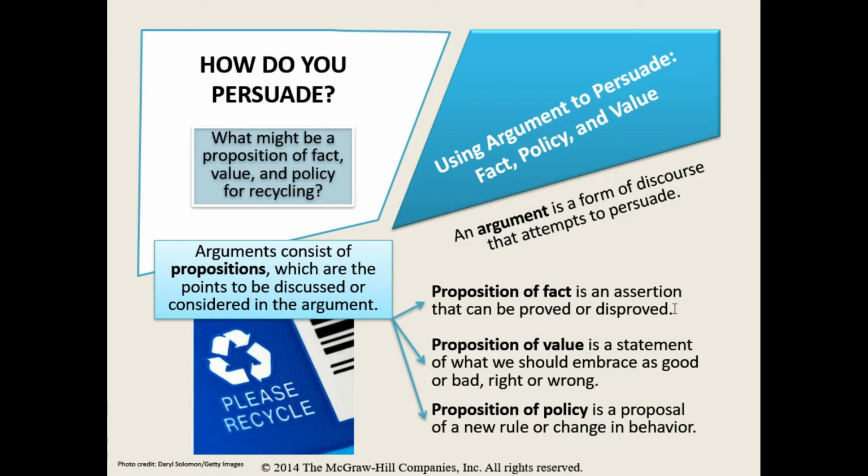Gun control in other people's minds is nobody should own guns. Well, which is right, which is wrong? Now, there's evidence on that. Constitutional rights versus opinion. Which is right or wrong? Actually, they can both be right or wrong. It depends on your perspective and what you're trying to persuade people to do, believe, change, start, or stop.